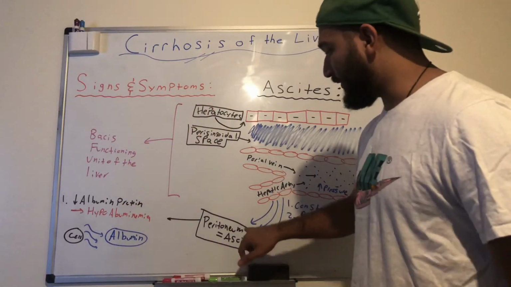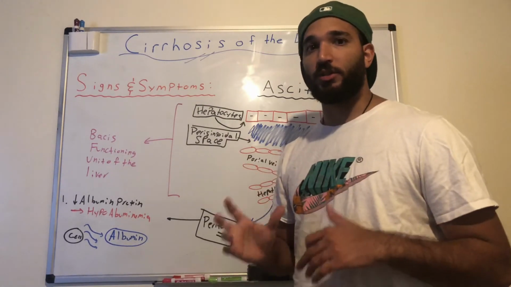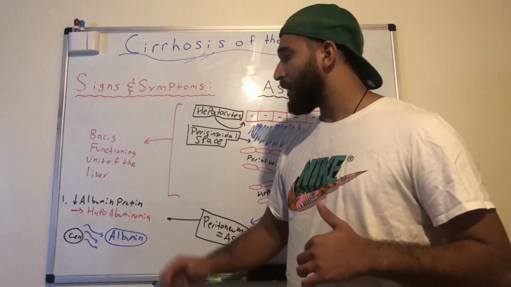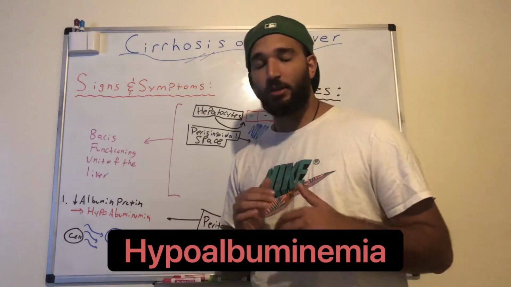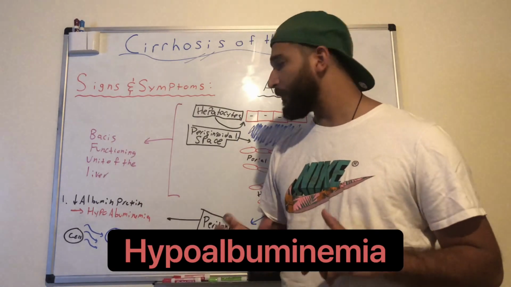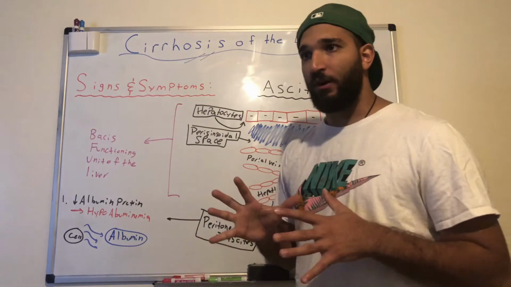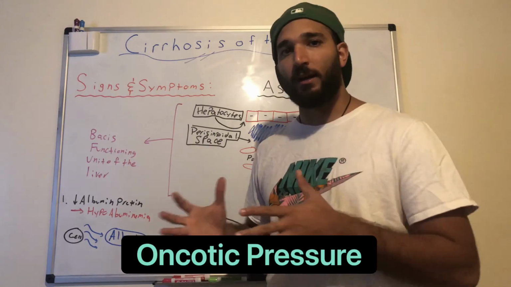So now that we have ascites within our peritoneum, one of the liver's functions is to produce albumin, and since the liver cannot produce that protein, we're going to see a decreased amount of albumin. That's also known as hypoalbuminemia. So what does albumin do? It has a function of osmotic pull, also known as oncotic pressure.